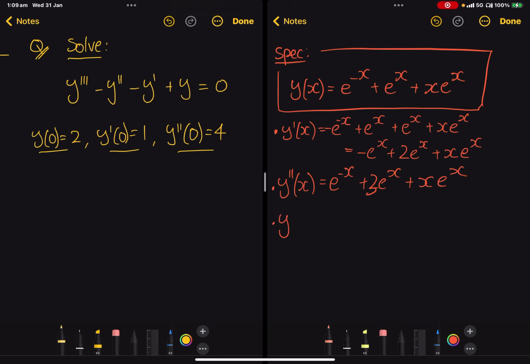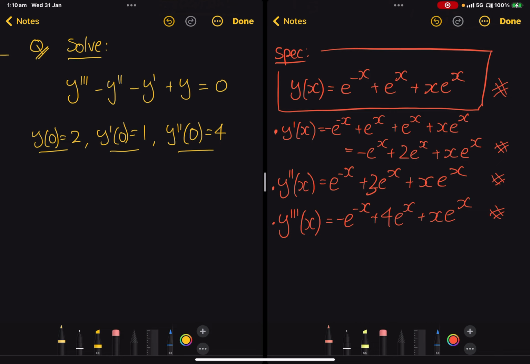Then our third derivative, y triple prime of x: e to the negative x becomes negative e to the negative x, 3e to the x stays as 3e to the x, x times e to the x generates another e to the x, so this becomes 4e to the x, plus x e to the x. So we have the function, first derivative, second derivative, and third derivative.